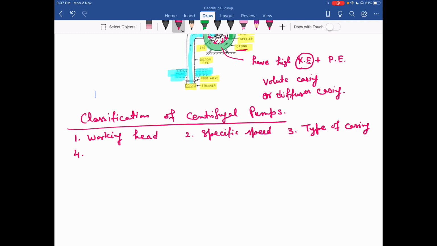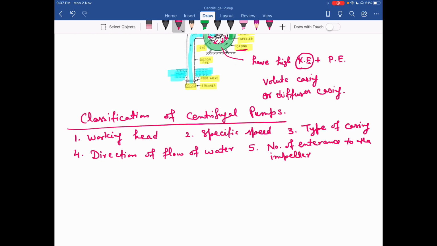Number four, direction of flow of water. Number five, number of entrances to the impeller. Okay. Number six, position of shaft. Okay. And the last one is the number of stages.